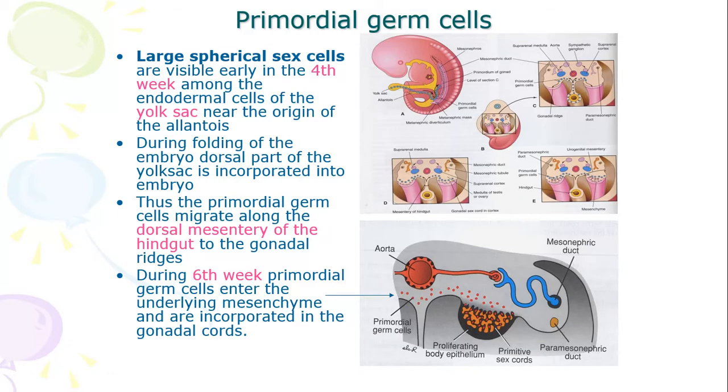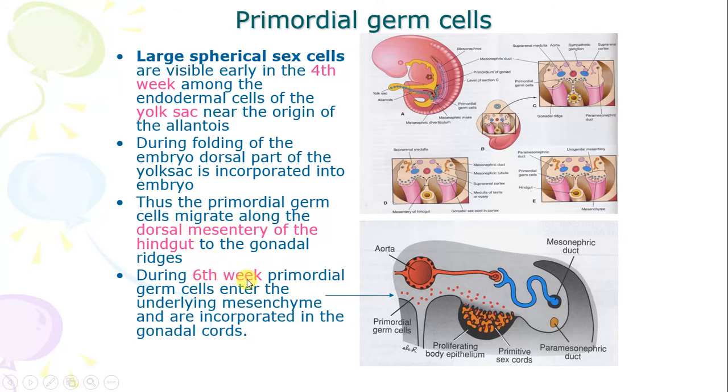Now the primordial germ cells are large spherical cells. In the fourth week they are endodermal in origin, and during folding these cells are incorporated into the embryo, and thus the primordial germ cells migrate along the dorsal mesentery of the hindgut. So the way of migration is along the dorsal mesentery of the hindgut.